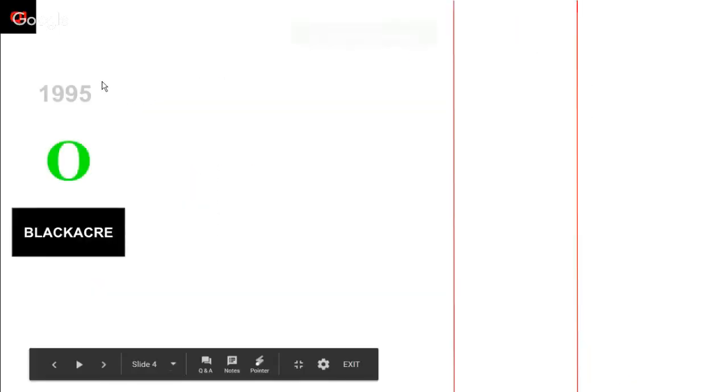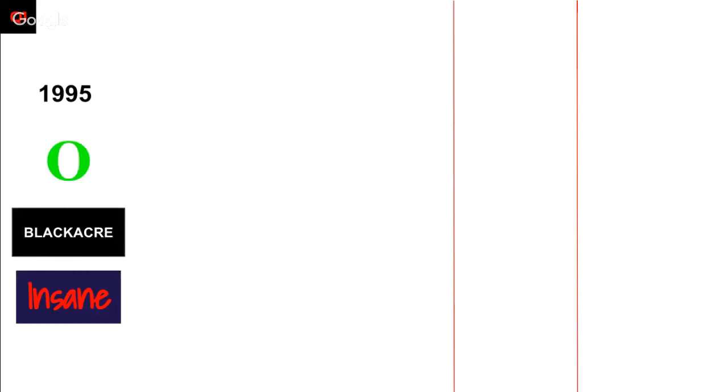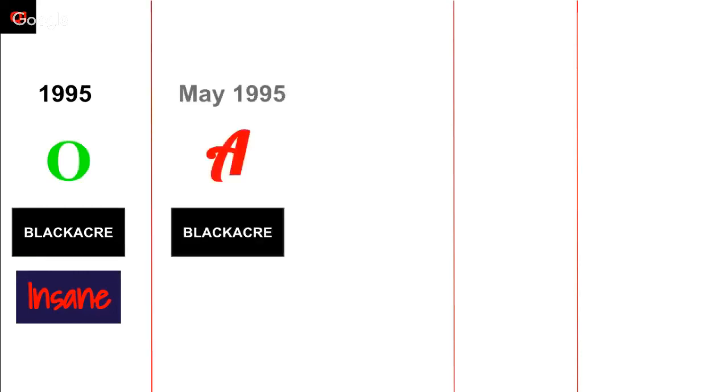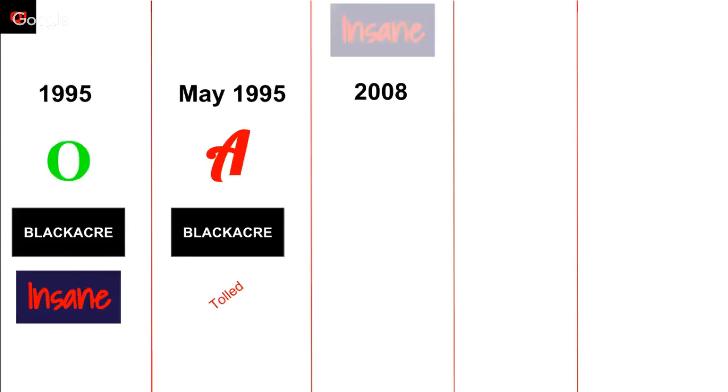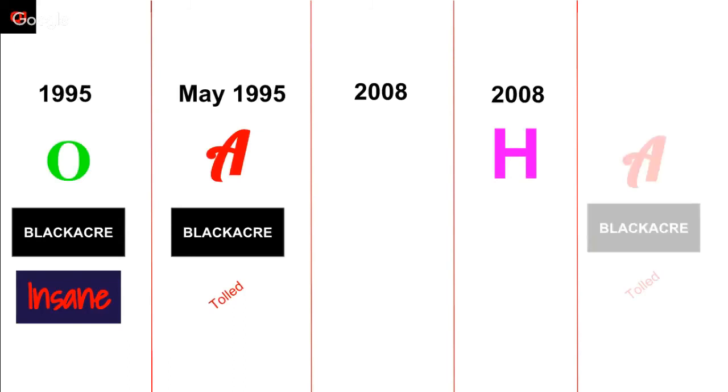Question 11. O is the owner of Blackacre in 1995, but he's insane. A enters adversely on May 1st, 1995, and O dies insane in 2008. H is O's heir and has no disability in 2008.